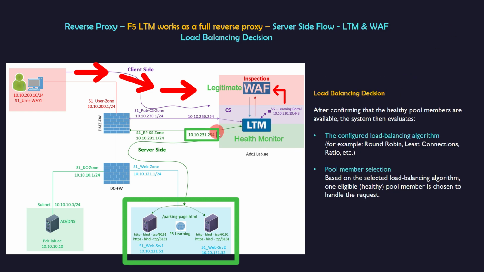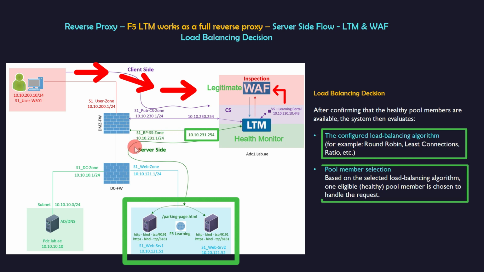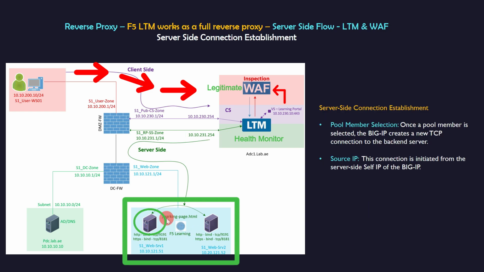After confirming that healthy pool members are available in the pool, the system evaluates the configured load balancing algorithm. Based on the selected load balancing algorithm, a pool member is chosen to handle this request. Once the pool member is selected, the Big IP creates a new TCP connection to the backend server.